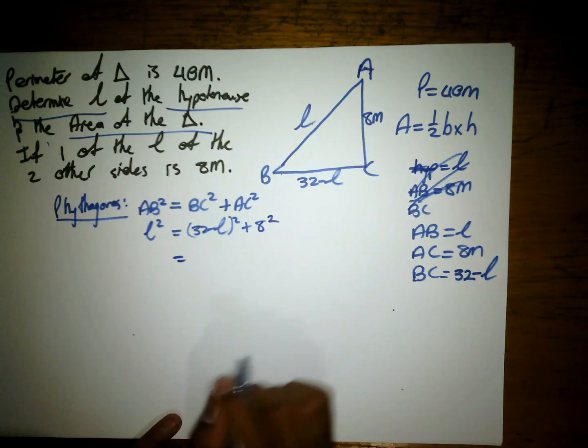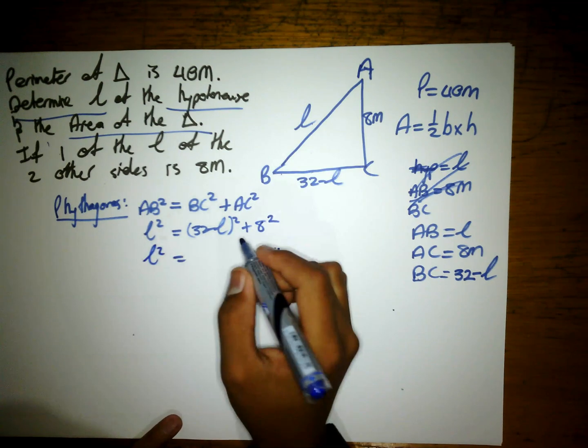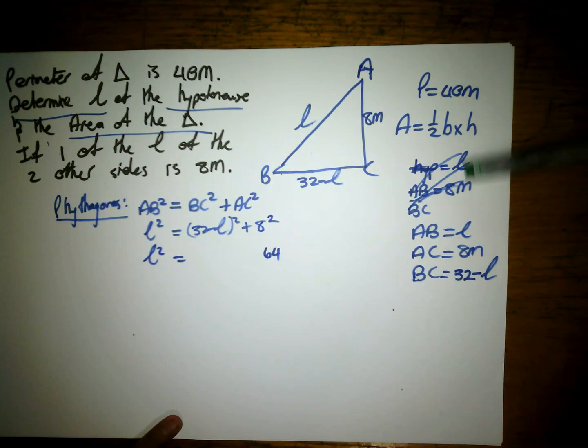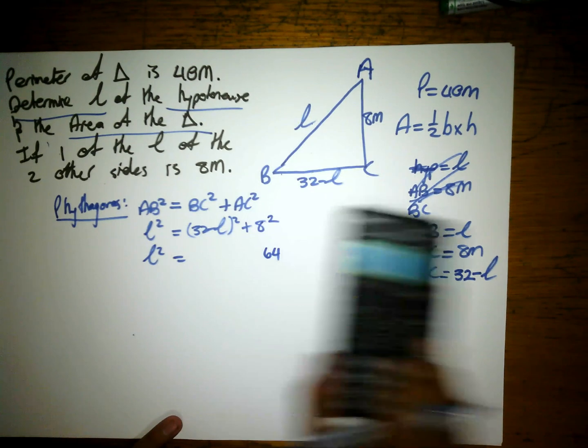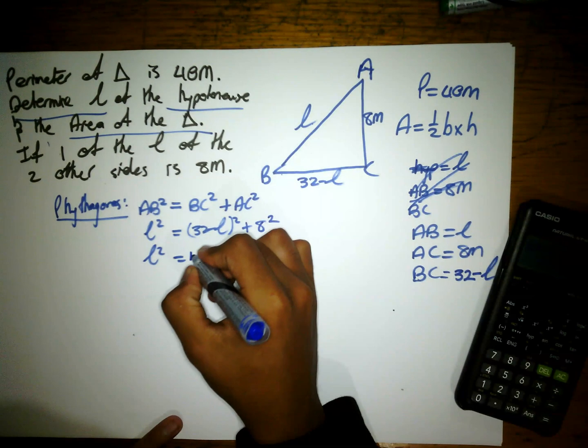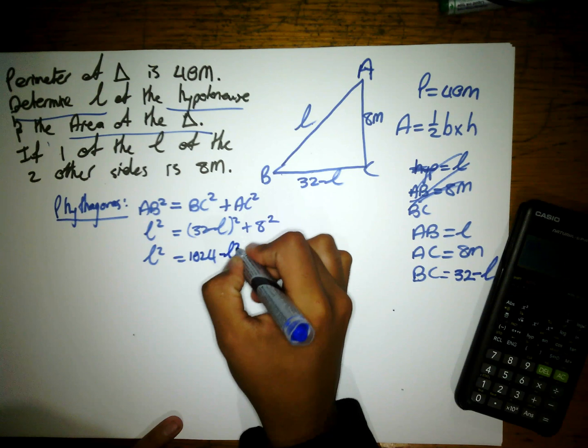So 8 squared is 64, that's L squared equals 32 minus L squared. 32 squared is 1024.